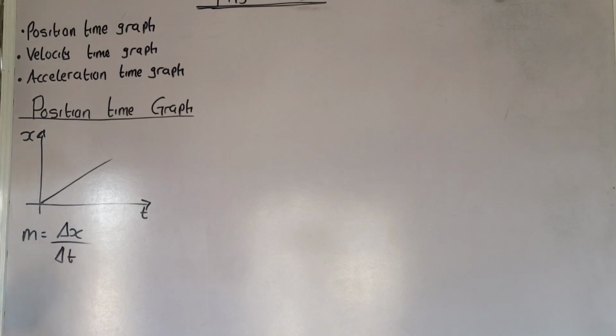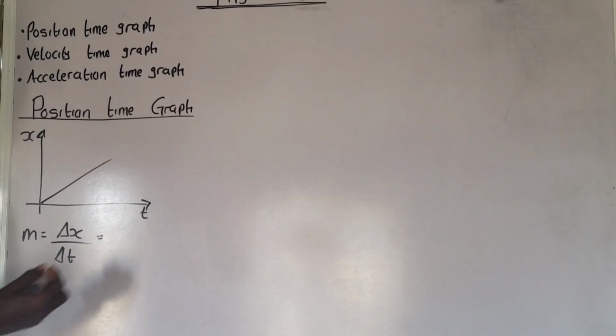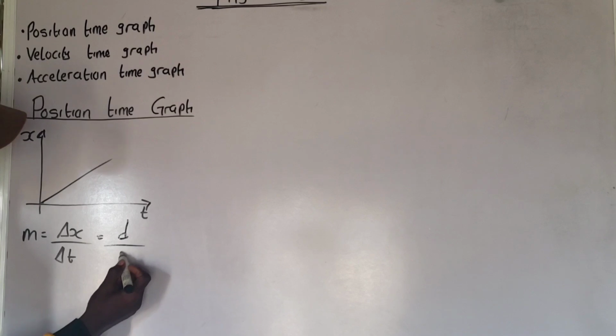Now, for this, we are going to have d, where d is the displacement. In position time graph, we are dealing with displacement. x in physics is used to represent displacement. So I'm going to have d all over t.